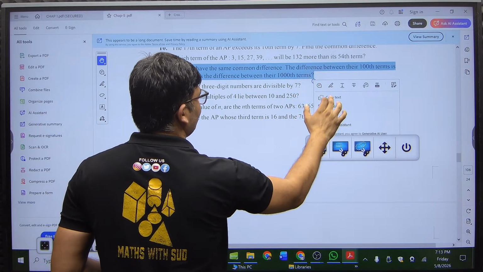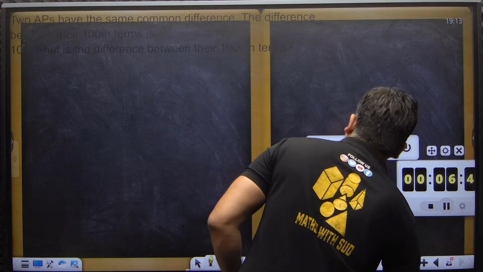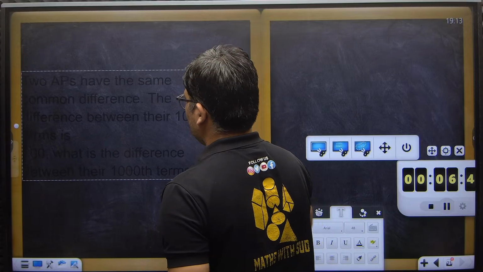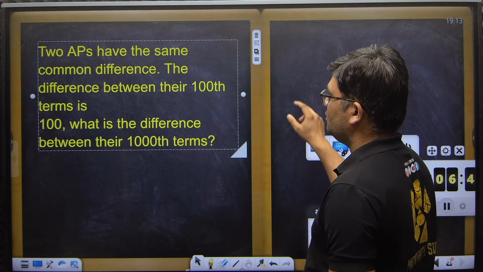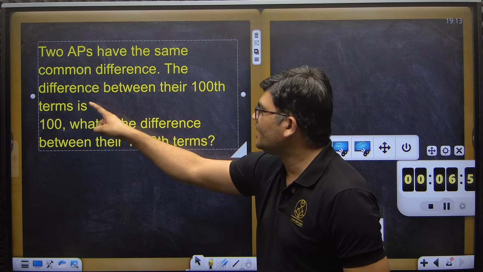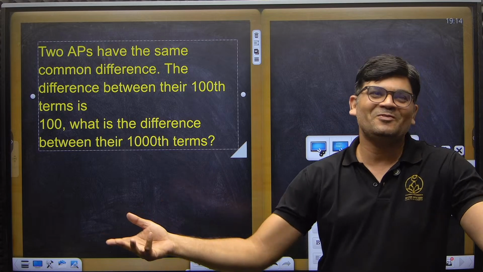This was my favorite. So next week also we will do more questions on AP from Wednesday. See this, two APs have the same common difference. The difference between their 100th term is 100. What is the difference between their 1000th terms? So people will say 1000.